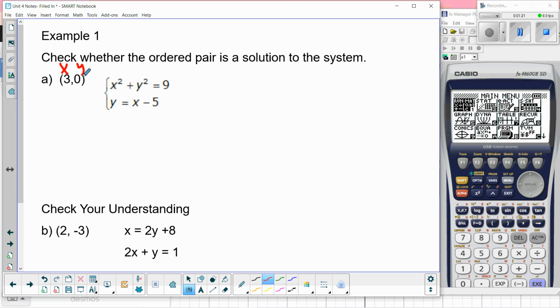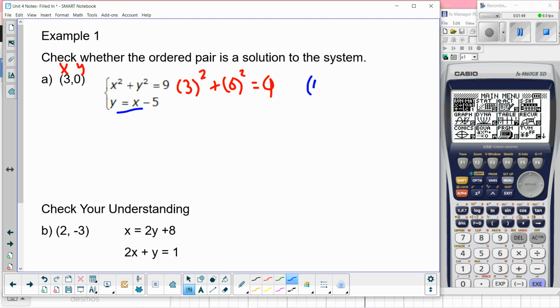So I'm going to replace my x in this first equation with 3: 3 squared plus my y is 0, and we want to square that, equals 9. So I took out my x and y and I replaced them with those coordinates. And I'll do the same with my other equation.